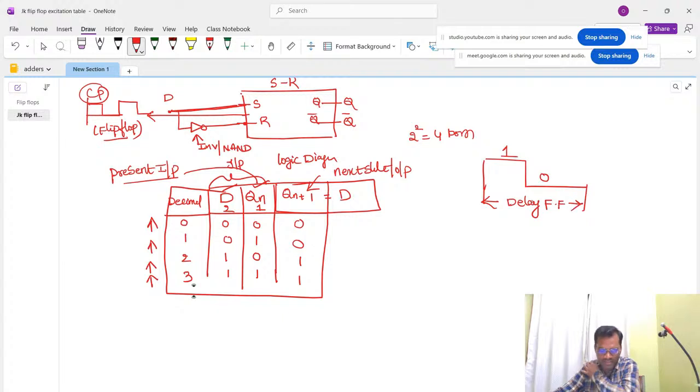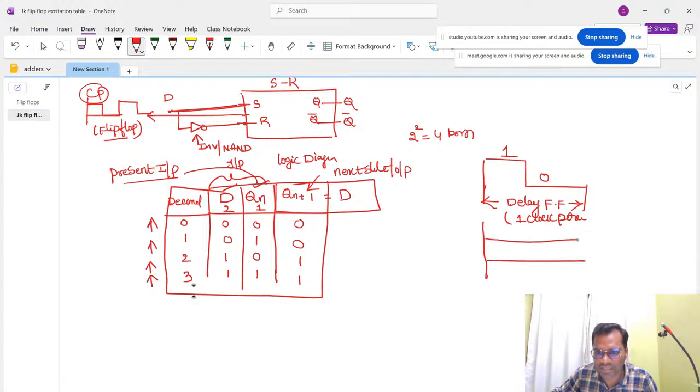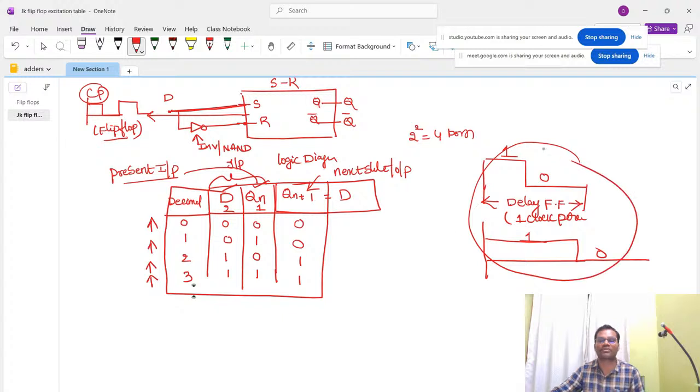This is called a delay flip-flop, where we provide a delay of one clock period. This complete cycle should make the output completely 1 and then 0. One clock cycle will be 1 and another clock cycle will be 0. This kind of output is required in a delay flip-flop.